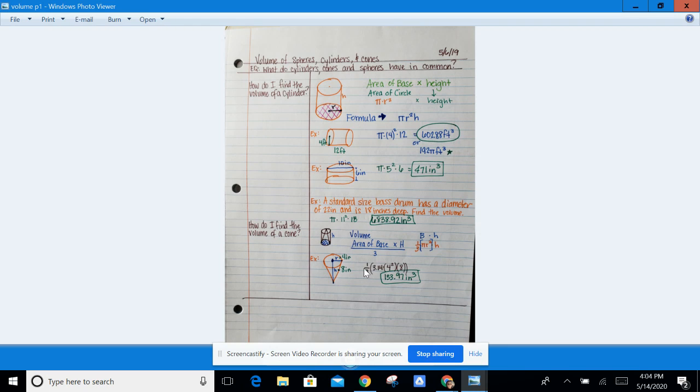But that's if it was a cylinder. This is a cone, so now I have to divide that number by 3. And I get 133.97333333 repeating. Unless it otherwise specifies, we're going to round it to the nearest hundredths. That's this place right here. Because it had a 3 after it, the 7 is going to stay the same.